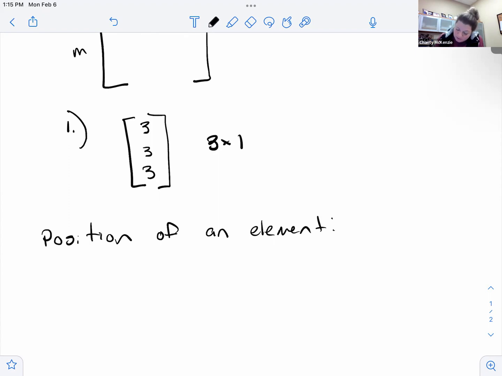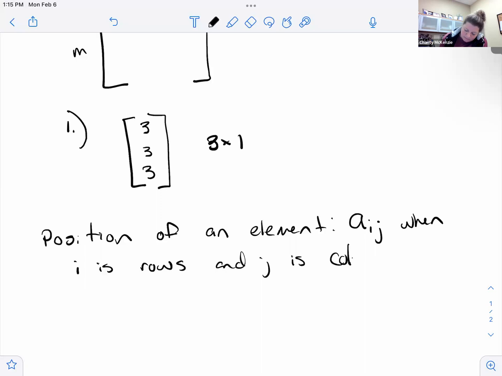So it's a double subscript that goes A to the IJ, where I is row and J is columns. We have to be able to tell where that element is. So like if I have a matrix, I should be able to say the dimension, but I also need to be able to say like, where is this number specifically? Well, it is in row 1, column 1, so it would be in 1, 1.